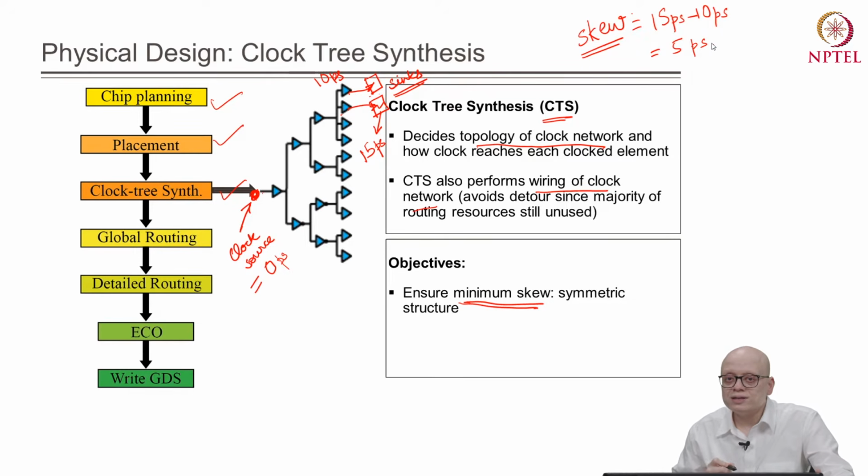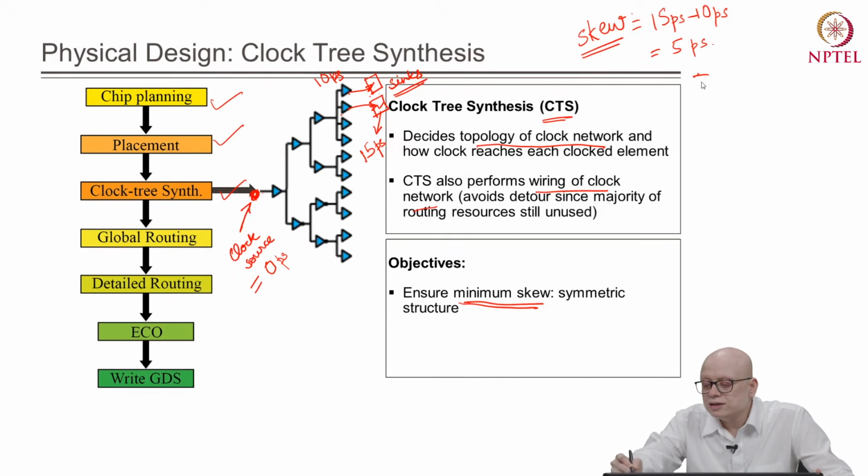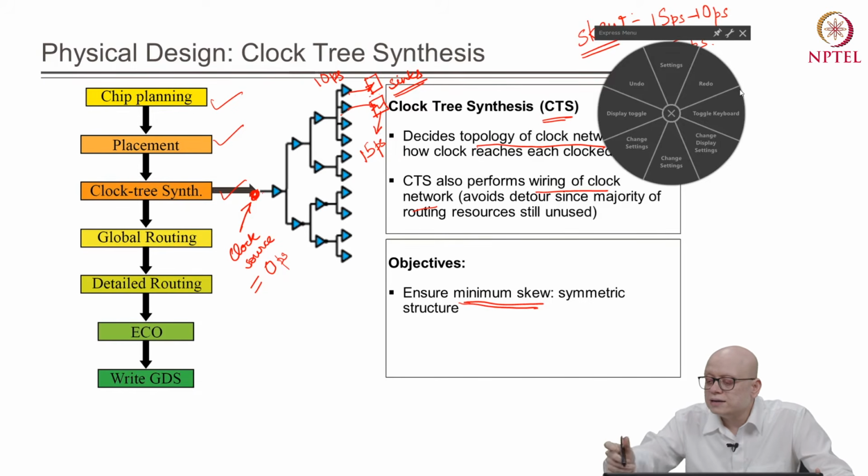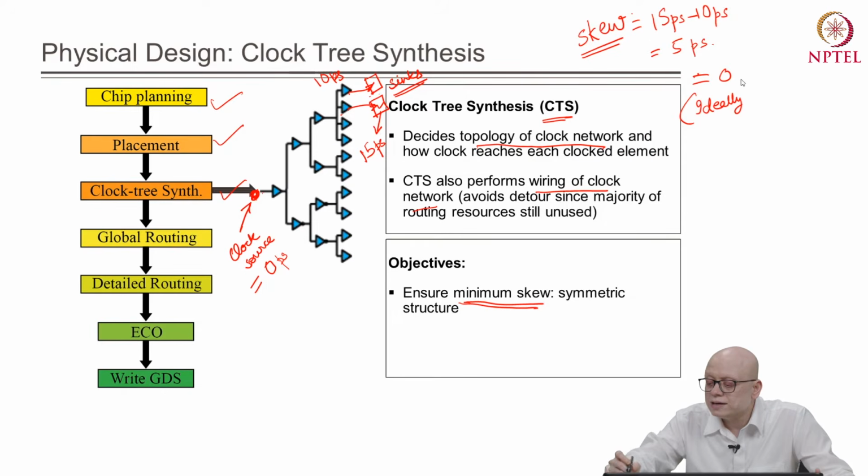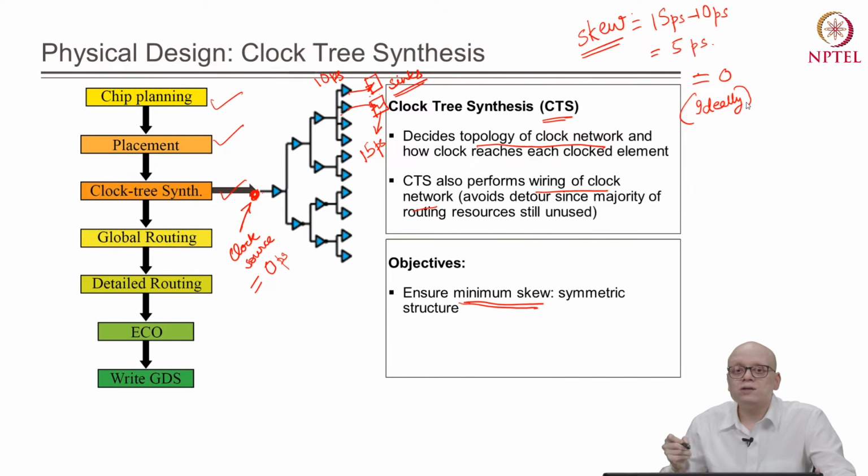Ideally, for an ideal clock network, the clock skew should be 0. Why? Because we want all the flip flops to get triggered at the same time, and that is the assumption that was made in the logic synthesis tool, and based on that the standard cells and other things were decided during technology mapping and generating the netlist.